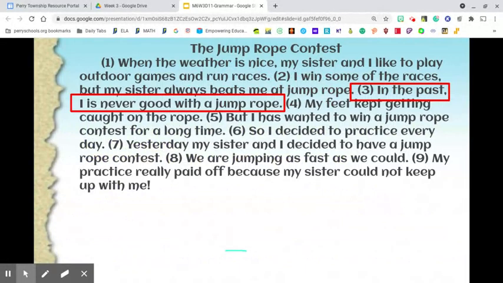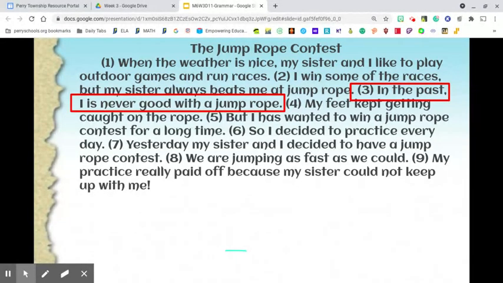All right, we've got a new paragraph here called the jump rope contest. And I'm going to read that, then we're going to focus on sentence number 3. When the weather is nice, my sister and I like to play outdoor games and run races. I win some of the races, but my sister always beats me at the jump rope. In the past, I is never good with a jump rope.